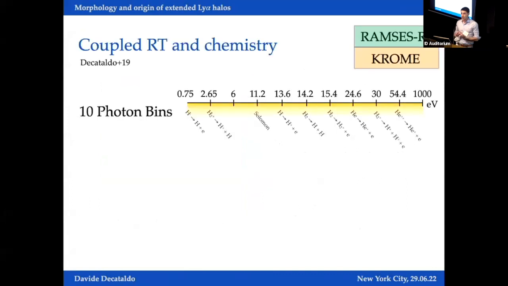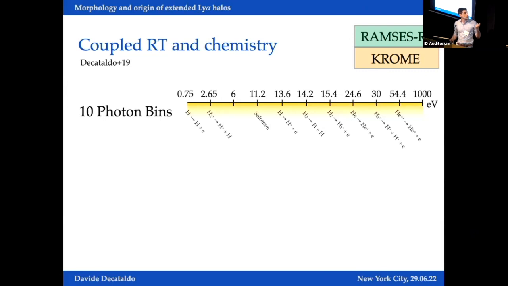So once I have this simulation, I want to post-process it first with an RT code to have a proper definition of the structure in terms of chemical abundances. And I do this with my version of Ramses RT and Krome. So Ramses RT takes care of the propagation of photons, while Krome takes care of the chemical abundances in the gas.